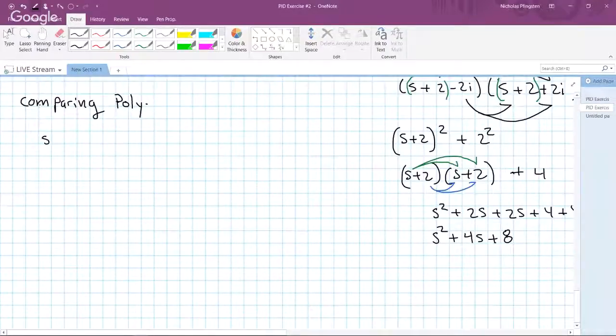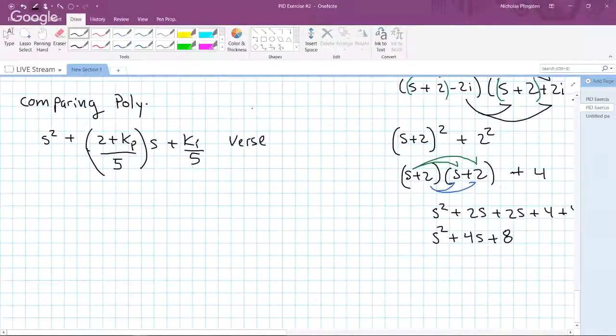So we have s squared plus (2 plus Kp) plus 5 times s, and then plus Ki times 5, versus s squared plus 4s plus 8.